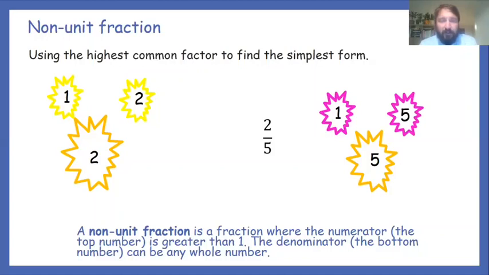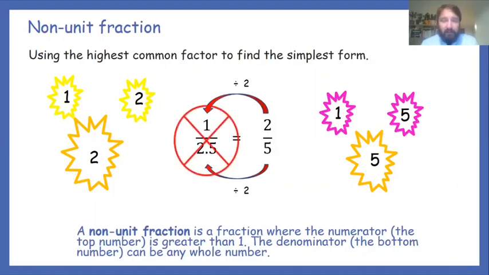Could I make that into a simpler form? Well, just as an example, if I tried to divide by 2, I could end up with 2.5, which doesn't work because we need a whole number as our denominator. Okay, so that does not work. So therefore 2/5 is a non-unit fraction in its simplest form.